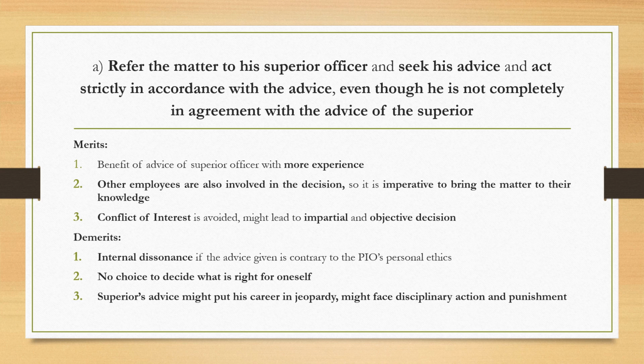So the merits over here are the benefit of advice of a superior officer with more experience, right? The superior officer has more experience and he might be able to come to a good decision, and other employees are also involved in the decision, so it is imperative to bring the matter to their knowledge. So when he tells the superior officer, other employees will also get to know that this is happening, right?